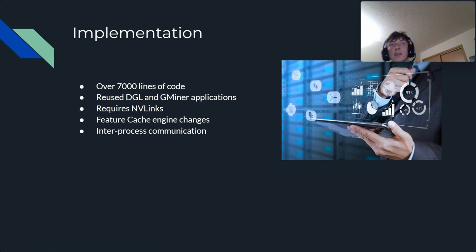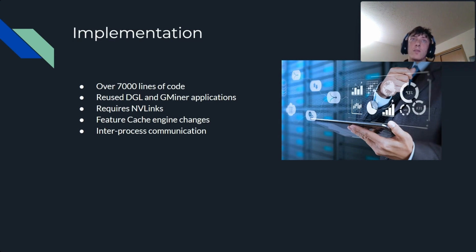Now, let's look at the implementation techniques the researchers used for their new BGL system. First, the authors used over 7,000 lines of code while making the system. They use over 4,400 lines of C++ code and over 3,300 lines of Python code.